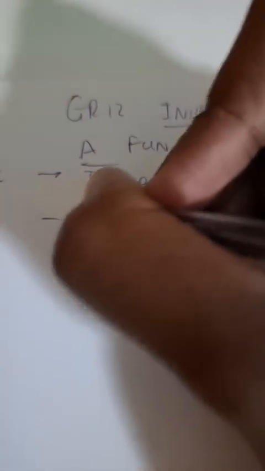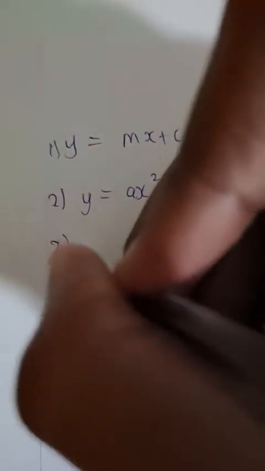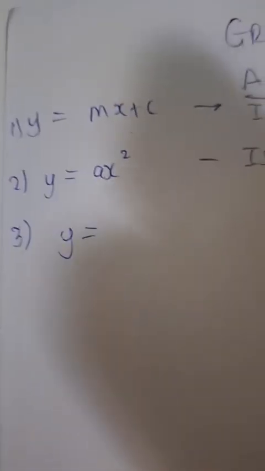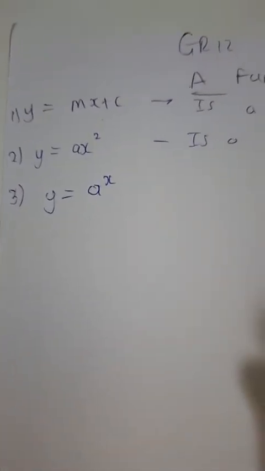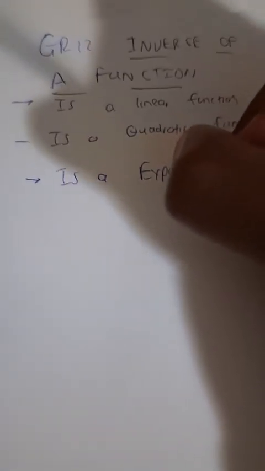So this we call a quadratic function. And then last but not least, the third type of function that we are going to look at how to determine its inverse is what we refer to as an exponential function. So guys, this would be what we typically know as an exponential function.